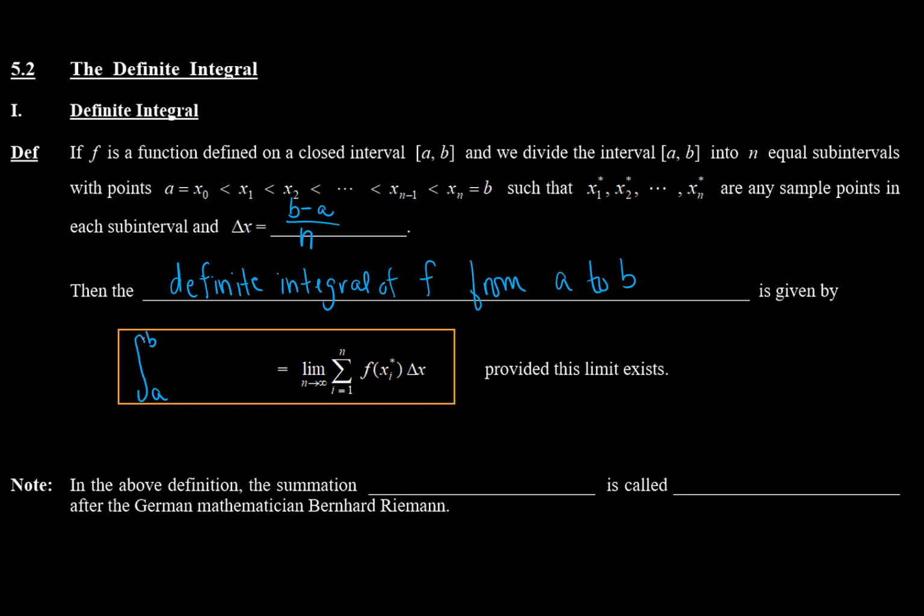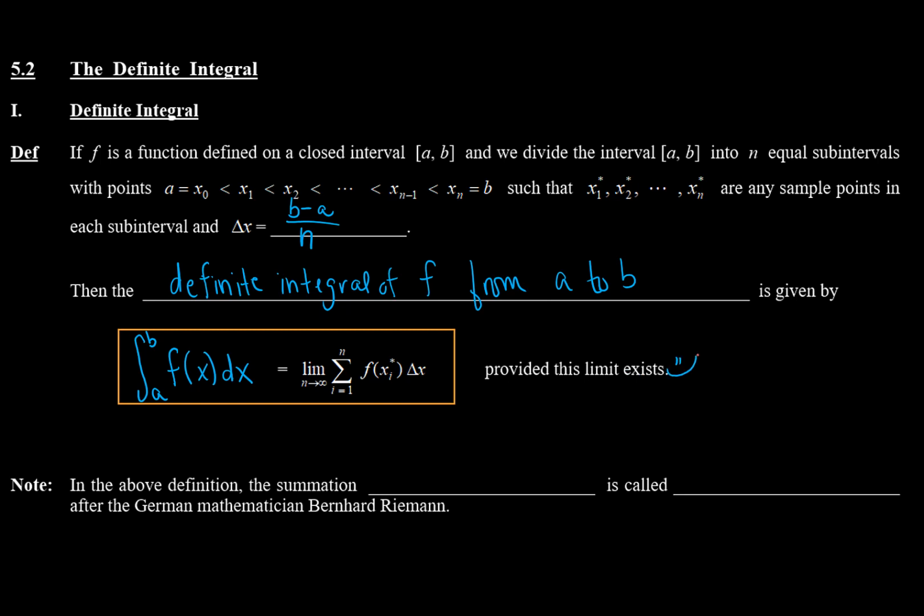It's like a tall S, okay? And it goes from a to b. This is my lower limit, my upper limit, of f of x dx is equal to that limit that we peeked at last time, where you've got the limit as n approaches infinity of the summation as i goes from 1 to n of f of x sub i times delta x, as long as it exists.